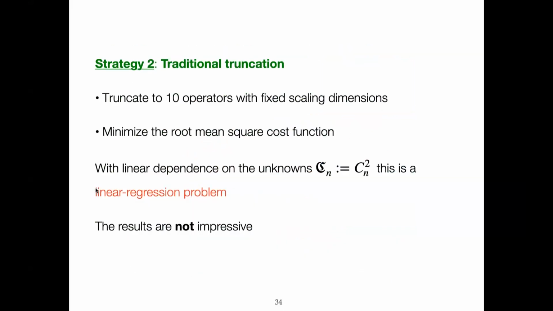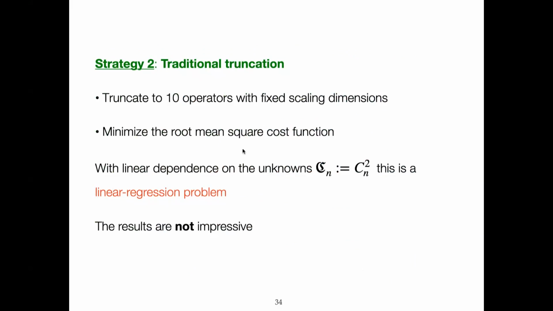Now let's try truncation methods. They also tried that in their original paper. You truncate to 10 operators with fixed scaling dimensions, and you set the tail to 0. So basically you have a sum of 10 contributions. You know the scaling dimensions in the conformal block, so the only thing you don't know are the linear coefficients in front of them.